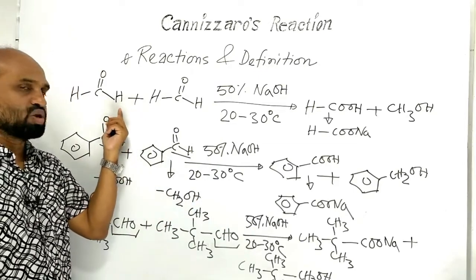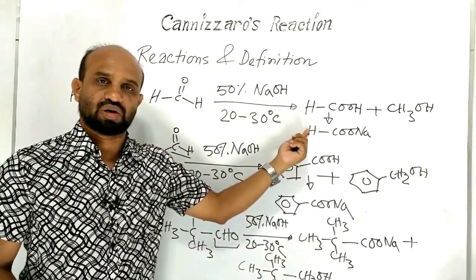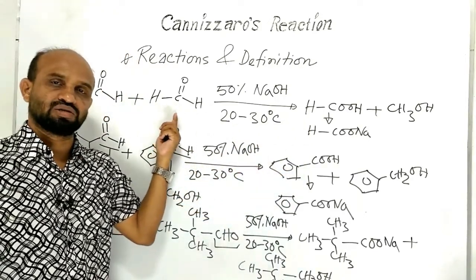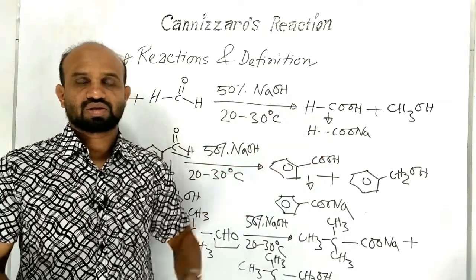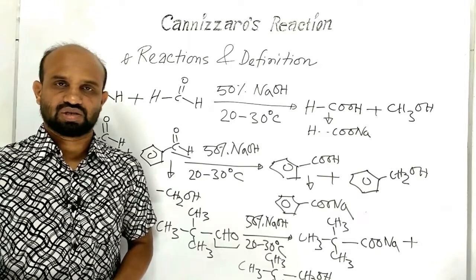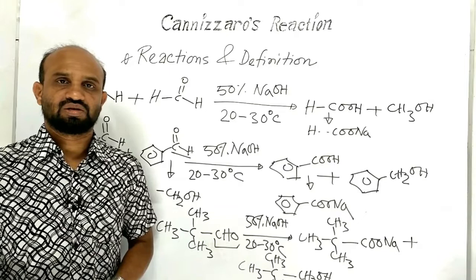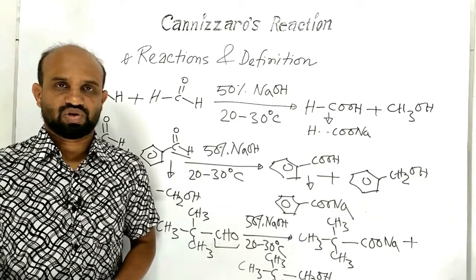Then one molecule is oxidized to the sodium salt of carboxylic acid and another molecule is reduced to alcohol. This type of disproportionation reaction is known as Cannizzaro's reaction, which is named after the Italian chemist Stanislao Cannizzaro. Let's move on to the next point.